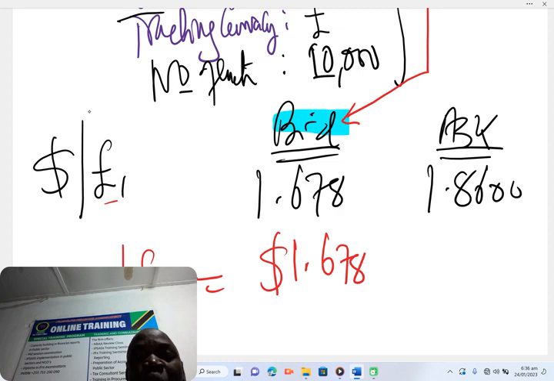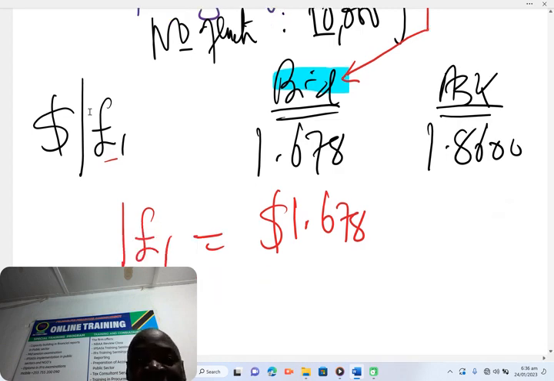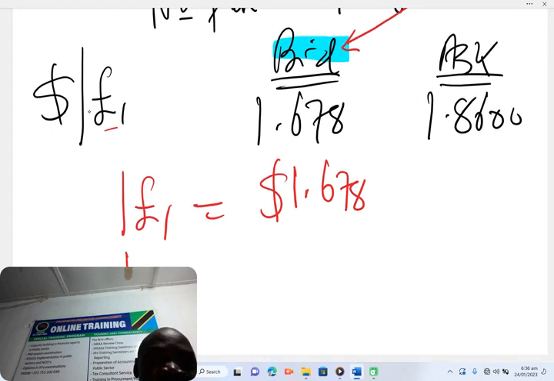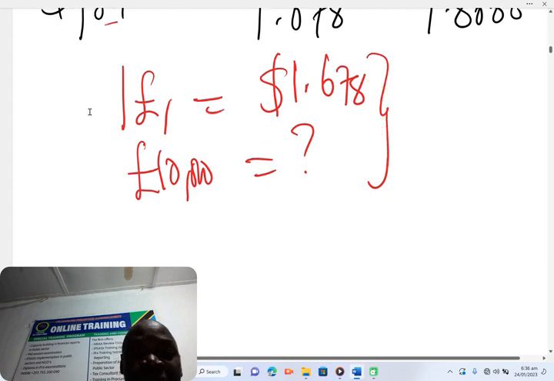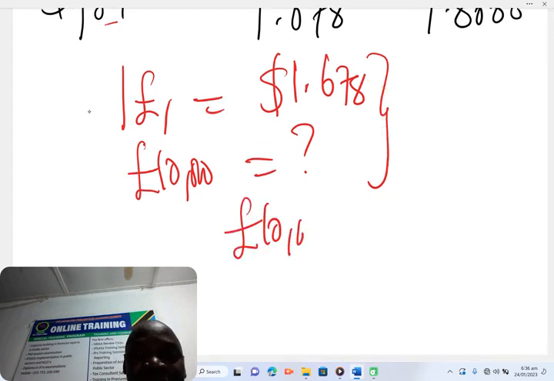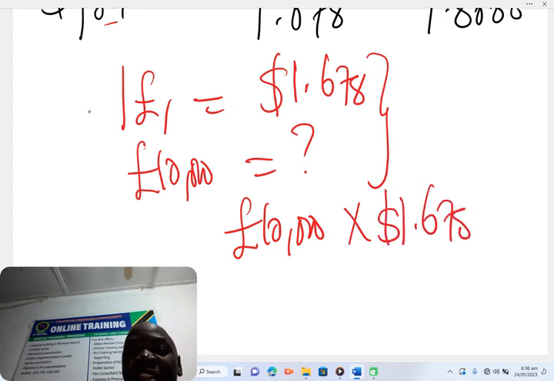1.678. So what is a unit? It is 10,000 pounds. How much is this transaction? So you compute that 10,000 pounds times $1.678 divide by 1 pound.